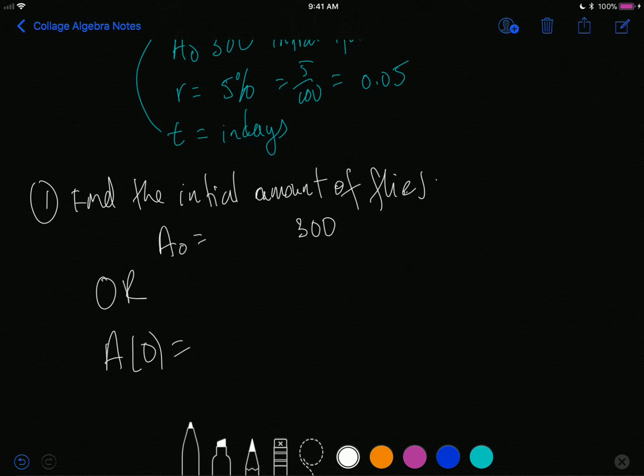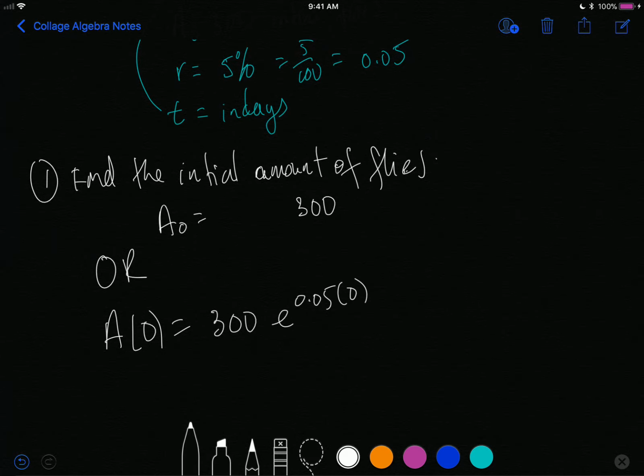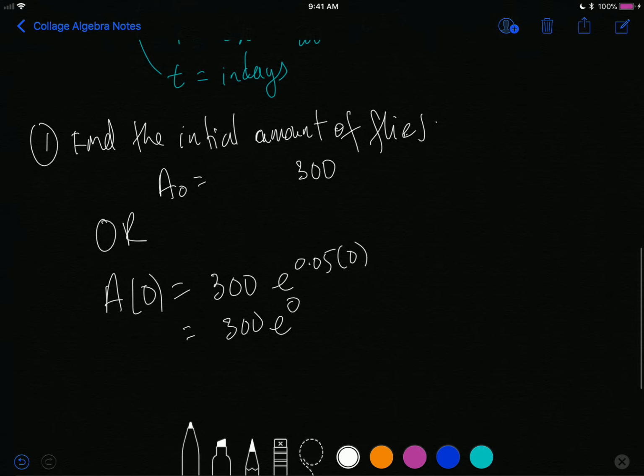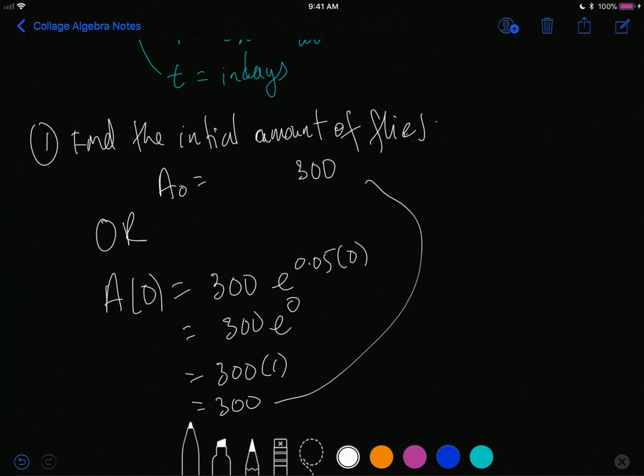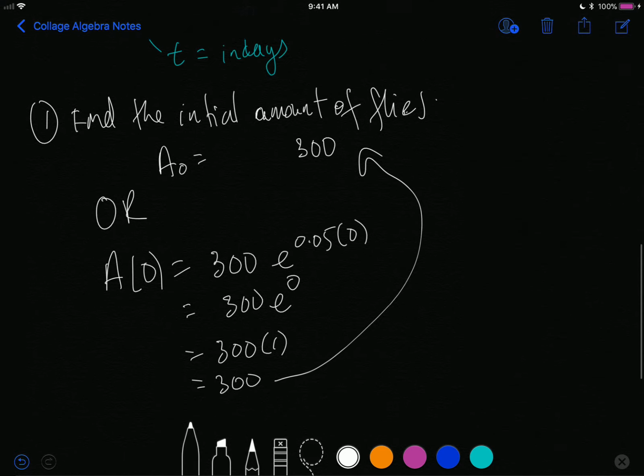Initial means time of 0. And that's going to be 300 e to the 0.05 multiplied by 0, which is 300 times e to the 0 power, because any number to the 0 power is 1, which gives me an initial of 300, but again, we already knew this. We didn't have to work that out.